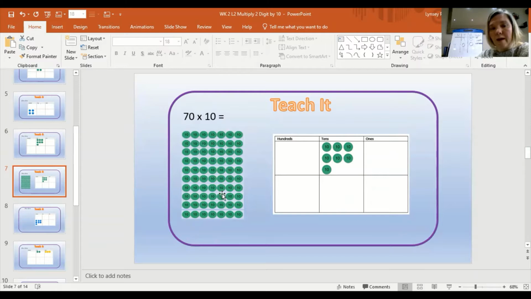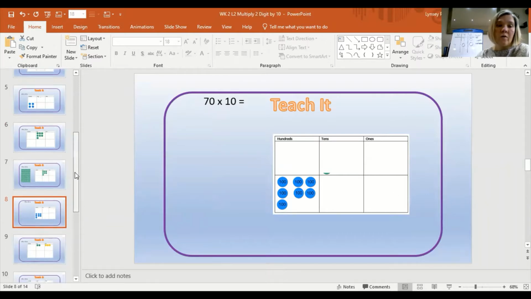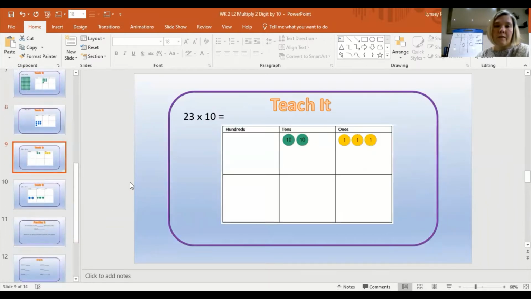So if we were doing arrays, that is what they would look like. 70, got 10, 20, 30, 40, 50, 60, 70, and we've got 10 groups. And they all go into our hundreds column. Remember, we would have a 0 here and a 0 here. Let's have a go at one more, or 2 more, I think maybe.